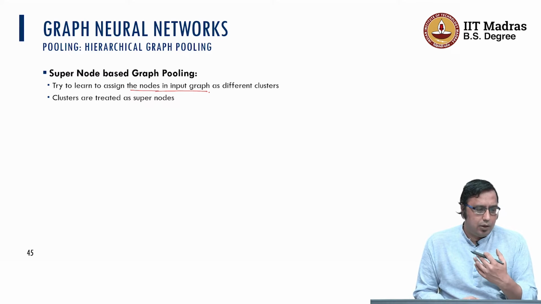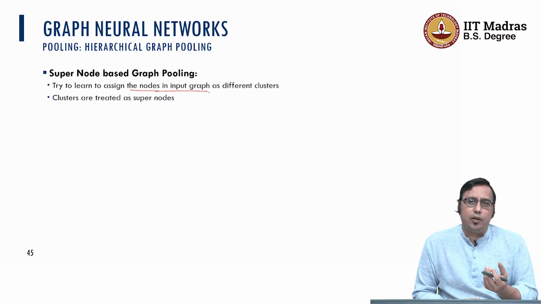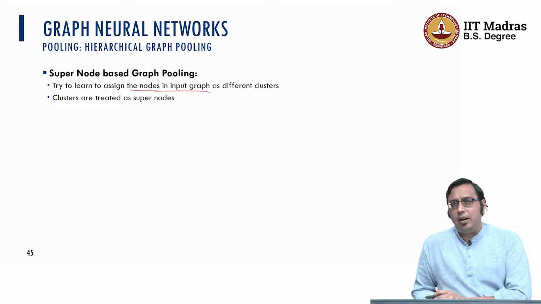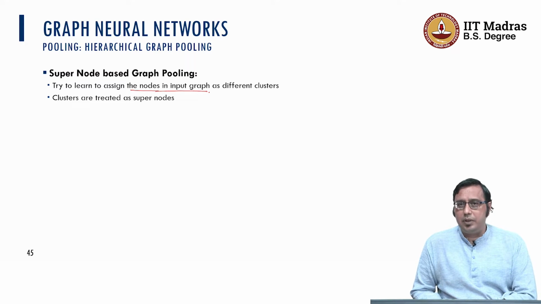We do not try to take information of unselected nodes while creating any other information associated with the coarsened graph.